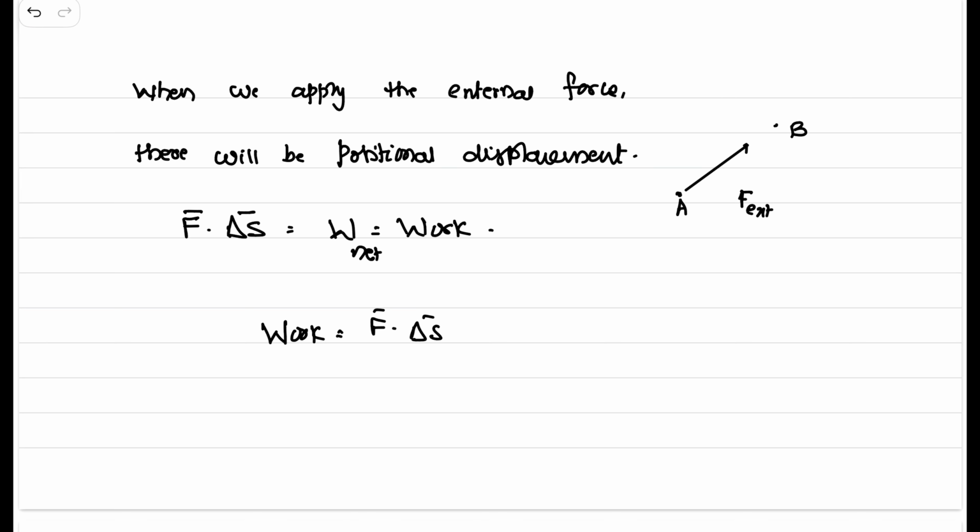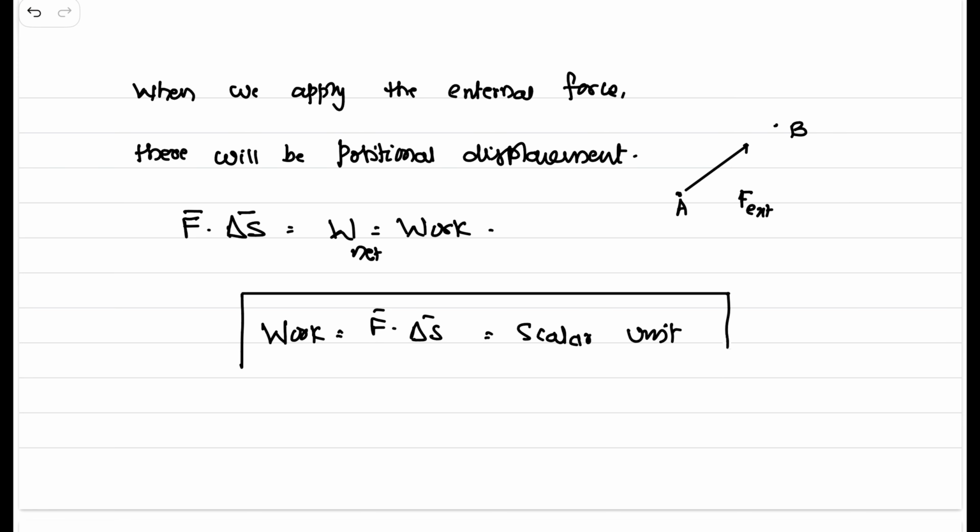It is a dot product, it is a scalar quantity. Ultimately, we arrived at a conclusion that when you do some work on a particle, it makes the particle have a displacement, and the work done causes motion in the particle.